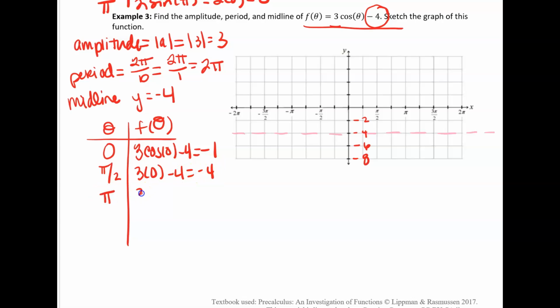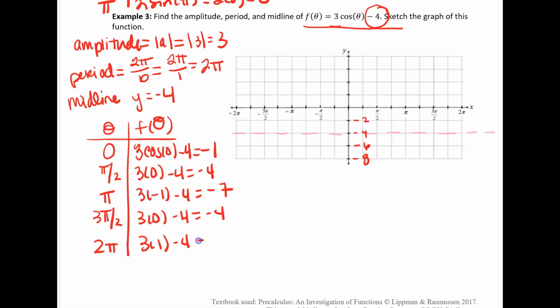Pi, that would be 3 times negative 1 minus 4, so negative 7. 3 pi over 2, which is 3 times 0 minus 4, which is negative 4. And 2 pi, which is going to be 3 times 1 minus 4, which is equal to negative 1.